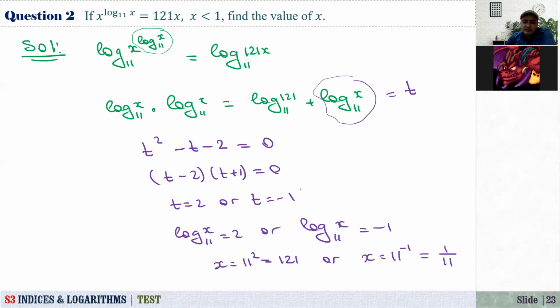But in the question, it says that x is less than 1, right? Is it less than 1? Let's check.